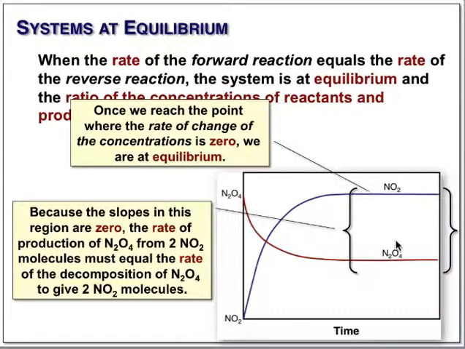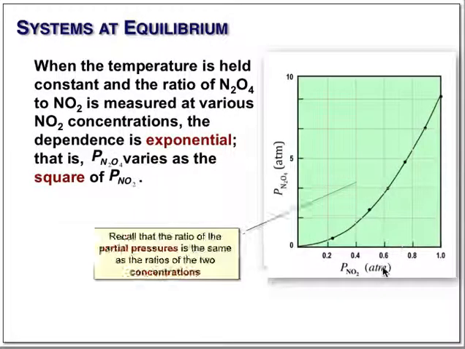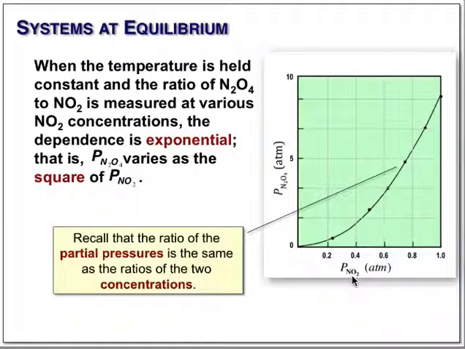Now, what we can do is to take some data from this plot and we can adjust, in this case, the partial pressure of NO2 and simply measure the partial pressure of N2O4. When we do this, we get a nonlinear relationship, looks like this, and we can fiddle with it and try to find a way to linearize it.